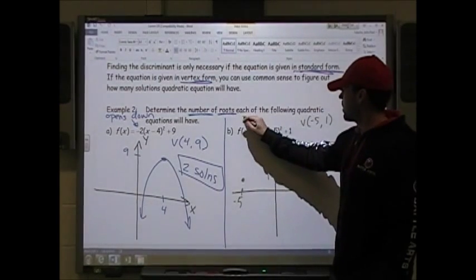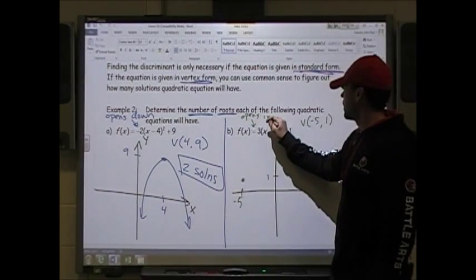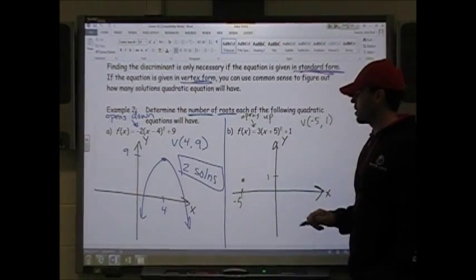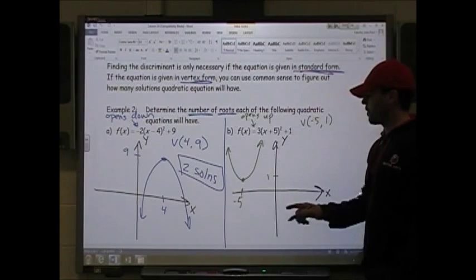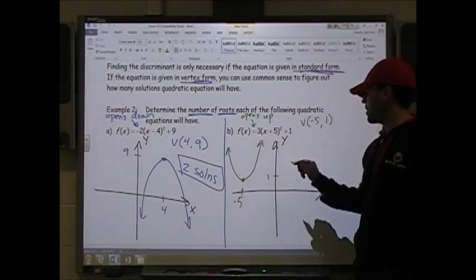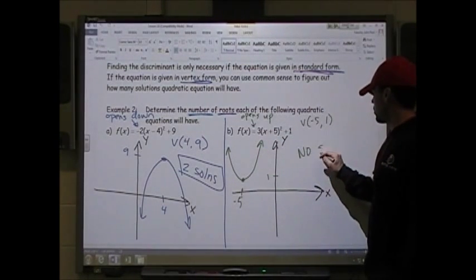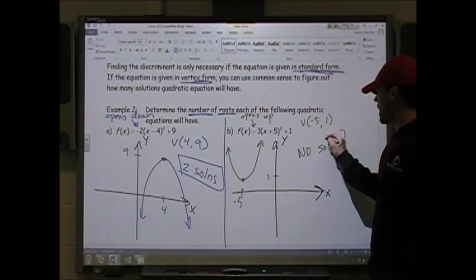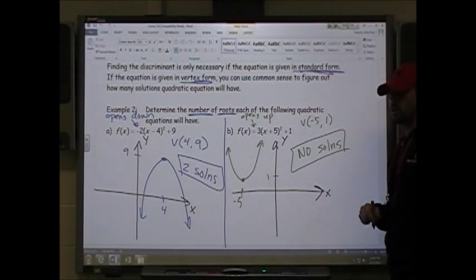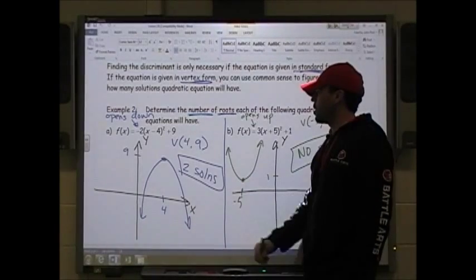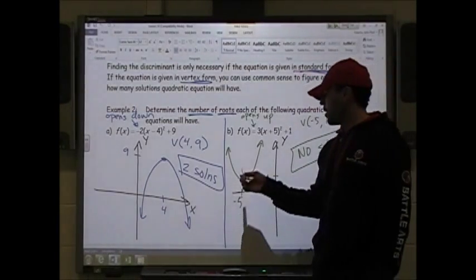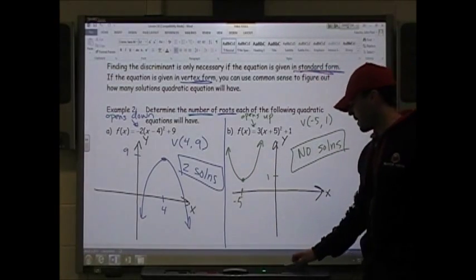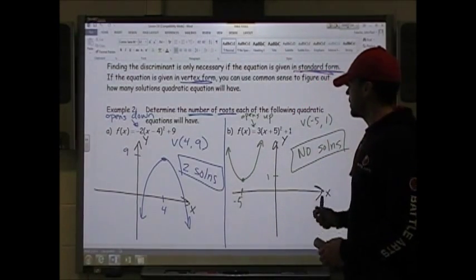And this thing opens up because the a value is positive 3. So if it opens up, it looks like this. If the vertex is above the x-axis and it opens up, there are clearly no solutions because it doesn't touch the x-axis. Remember, solutions, roots, x-intercepts, zeros, those all mean the same thing: x-intercepts. Okay? So this one does not touch the x-axis, and that is by using common sense.